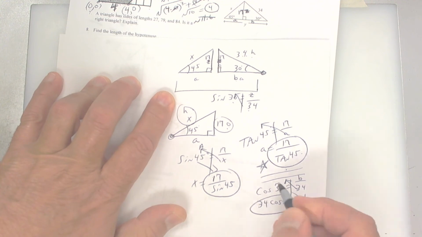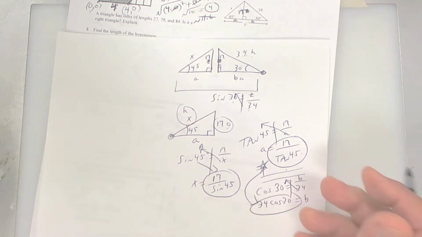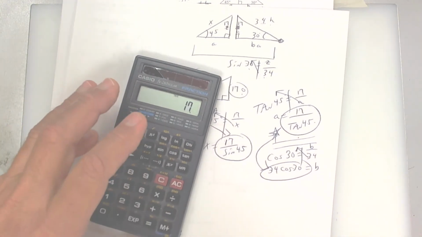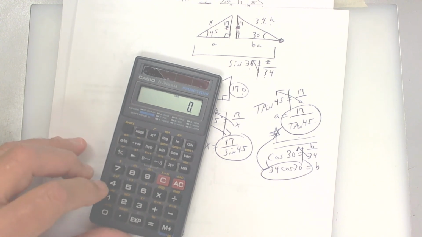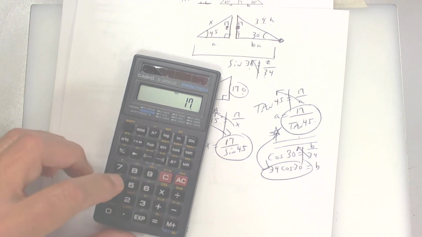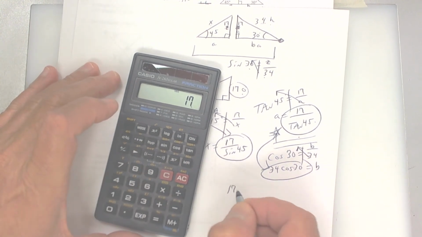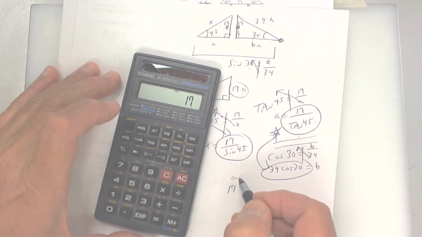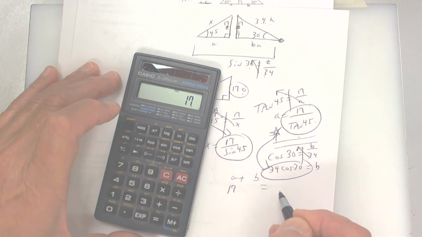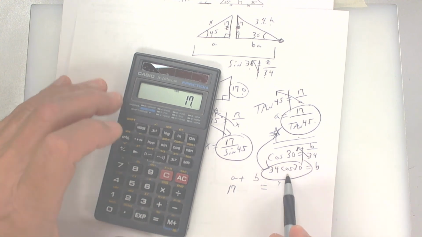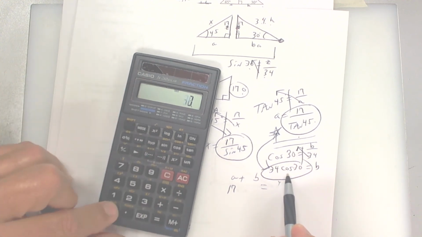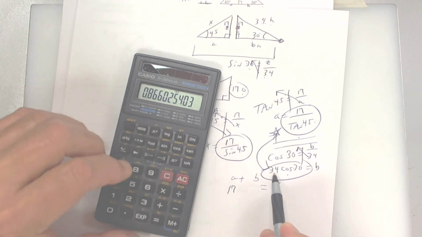Okay, so you're going to add these two up. Let's just do that real quick since I'm already into it. So 17 divided by 45 tan, press equals. So one of them is 17, a, plus b is going to be equal to y. So this one is going to be 30, and then cosine, and then times 34.